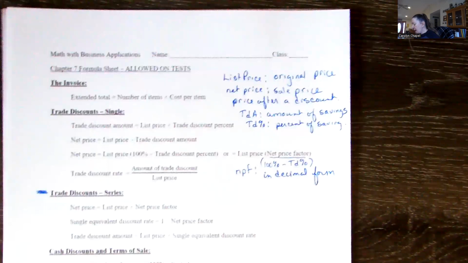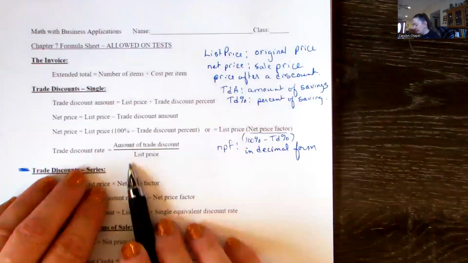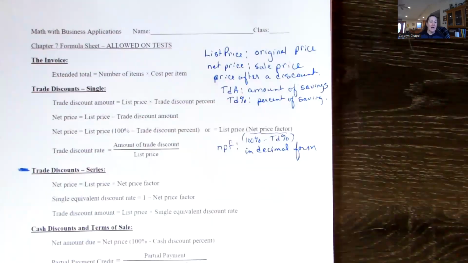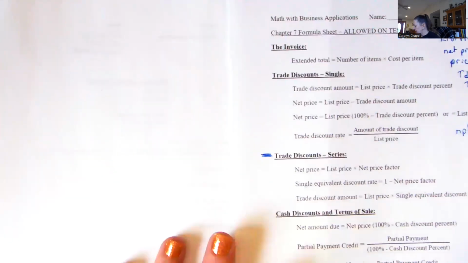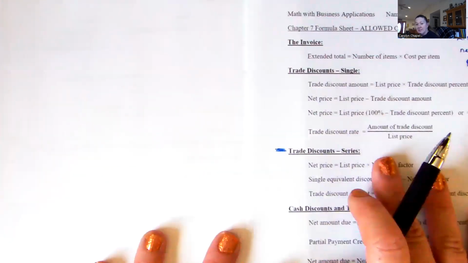But again, I want to concentrate on these discount problems to help us get used to the terminology. So I'm just going to go right into some examples so that you can get working with this. I'm going to keep this off to my side so that we can get used to using this formula sheet as well.